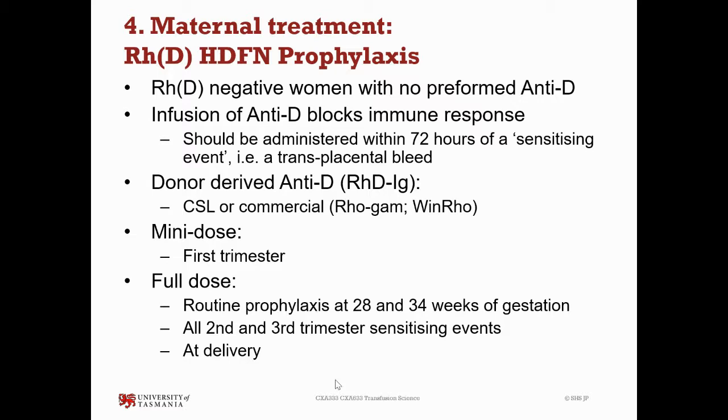But it's routinely given first at 28 weeks and then at 34 weeks. It's just really clever the way it works. It doesn't affect the baby, and it stops the mother's immune system from being stimulated, but we only have RhD immunoglobulin at the moment.